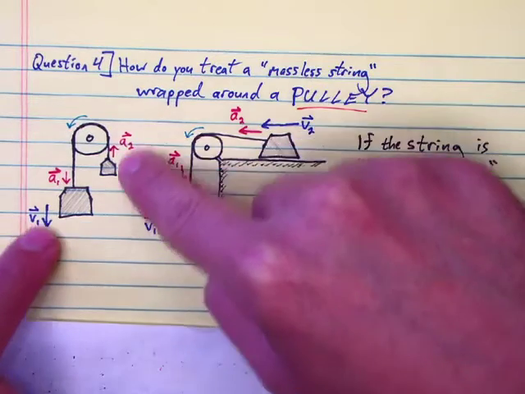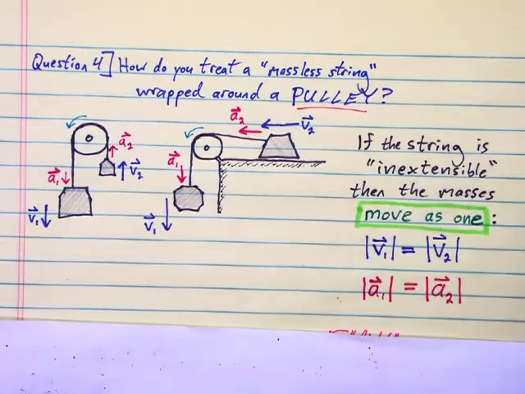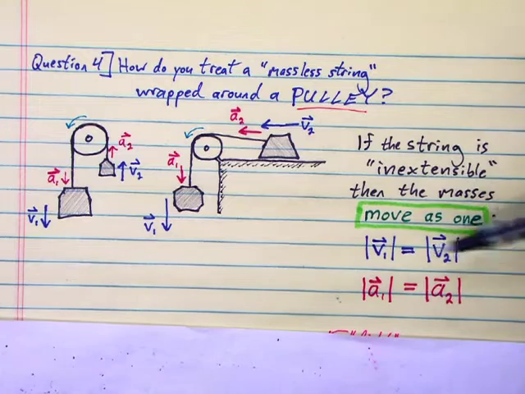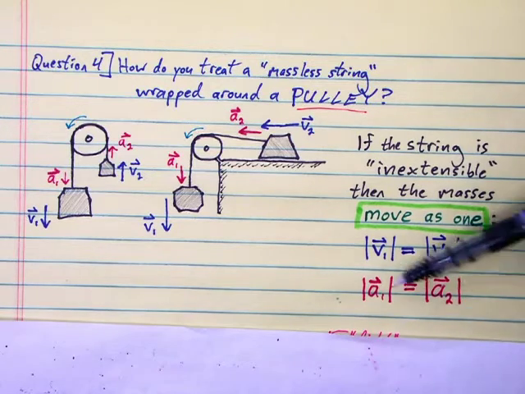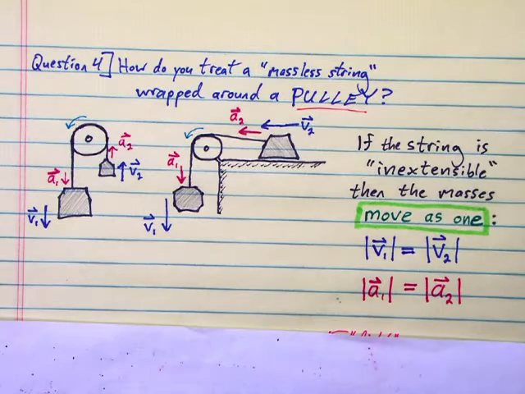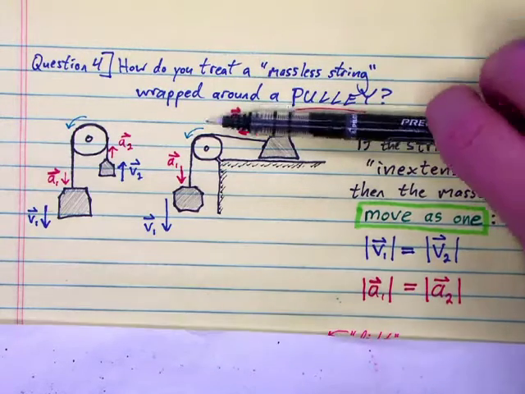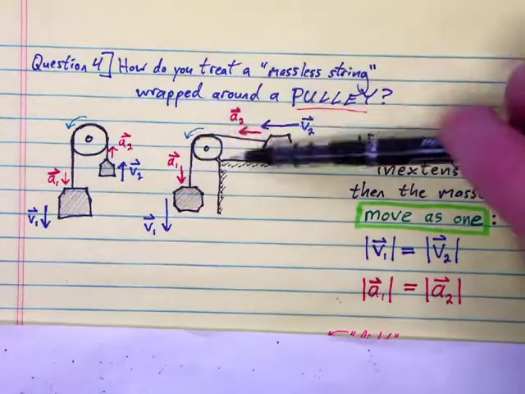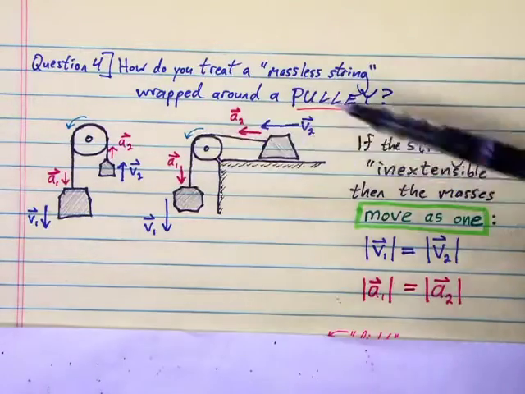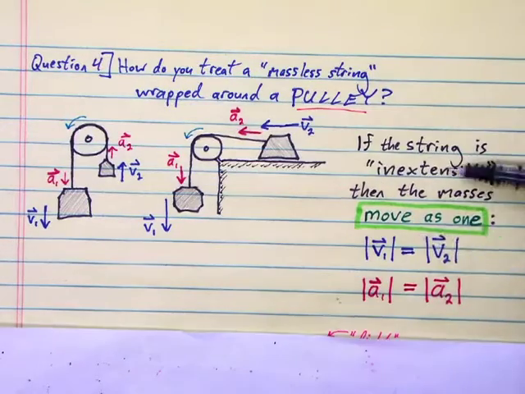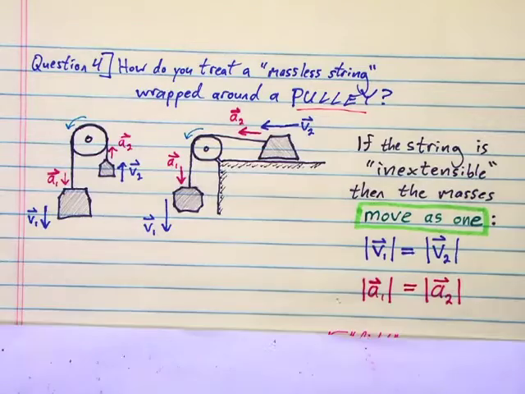These two masses will move together in such a way that their speeds are equal and the magnitudes of their accelerations are equal. So even though the accelerations and speeds are changing direction because of the string wrapped around the pulley, if our string doesn't change length, if it's inextensible, we can state this.